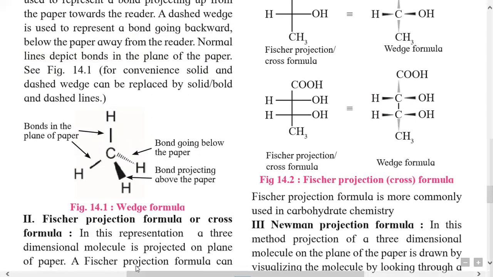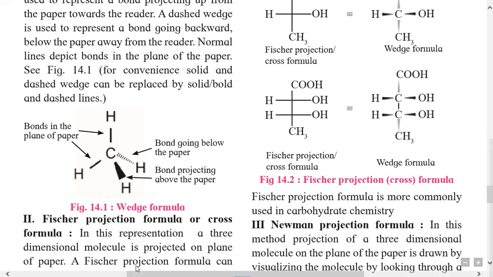See this normal line with two hydrogens that indicates the bonds in the plane of the paper, and this solid wedge indicates the bond projecting above the paper, and the dashed wedge indicates the bond going below the paper. So on the two-dimensional or plain paper, we can represent the three-dimensional geometry of a molecule using solid wedge, dashed wedge, and normal lines.